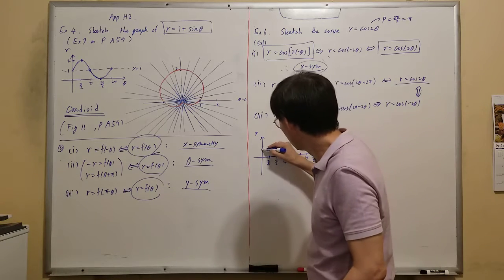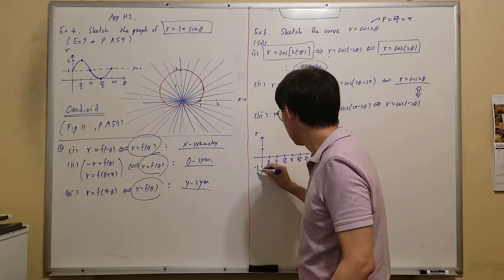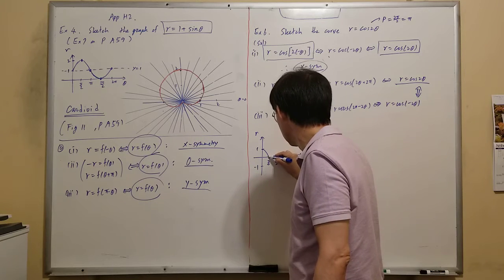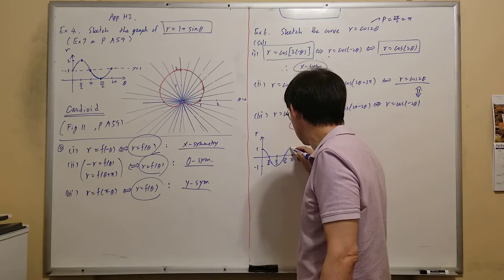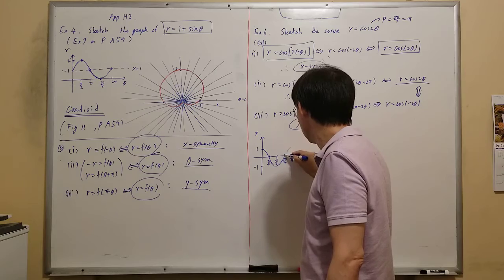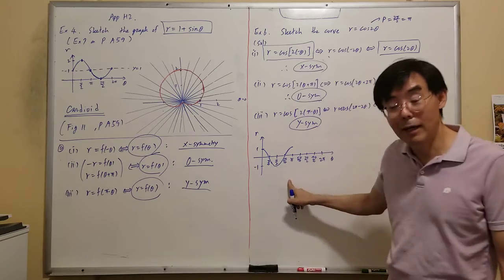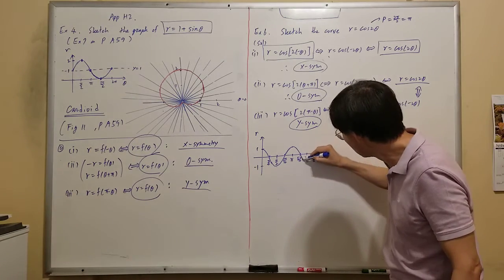And between 1 and -1. So it'll take a complete turn at pi and then repeat again.